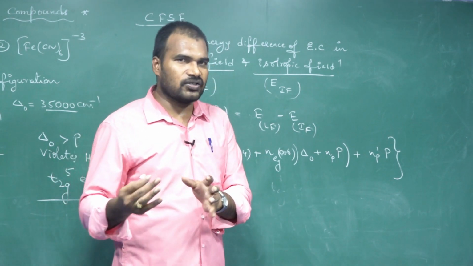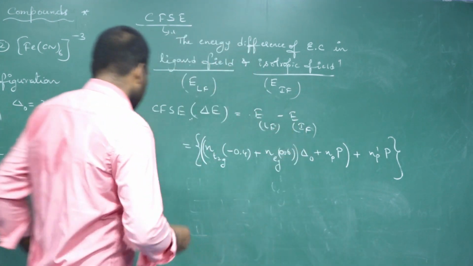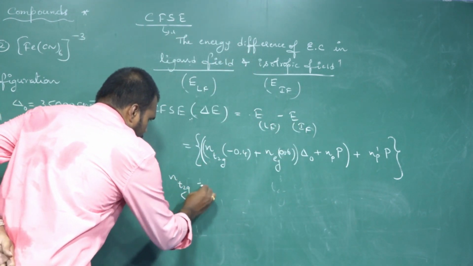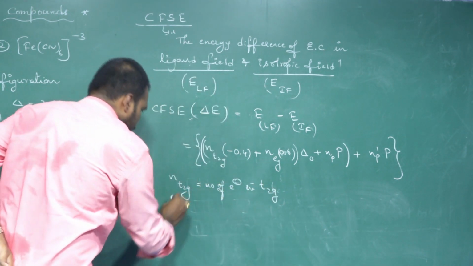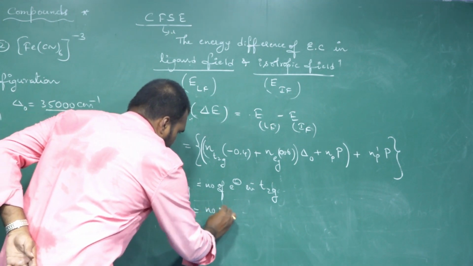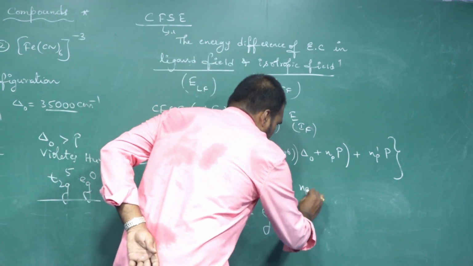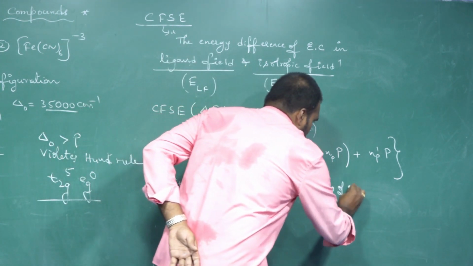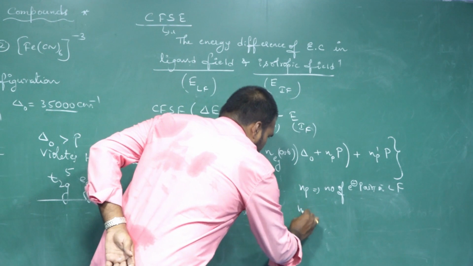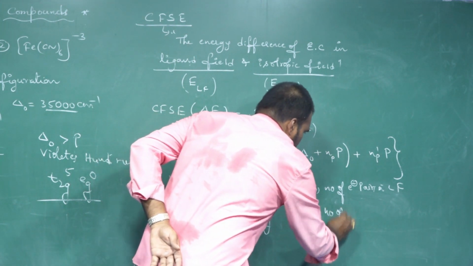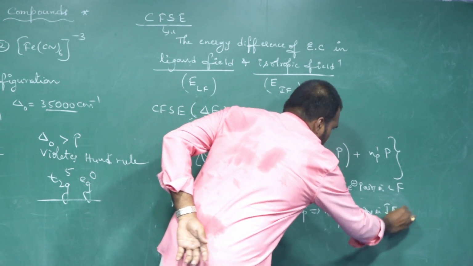In the absence of ligands, how many electrons are there in the original electronic configuration? Here I am writing NT2G, the number of electrons in T2G; NEG, the number of electrons in EG; NP, the number of electron pairs in the ligand field; and NP prime, the number of electron pairs in the isotropic field.